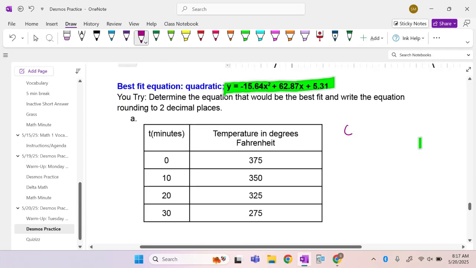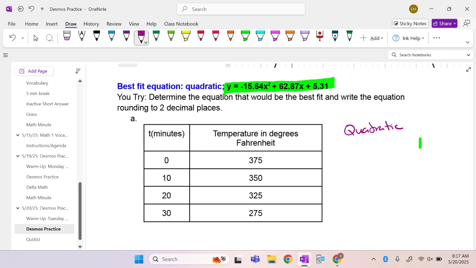So we're doing quadratic. That's the best fit. So we're replacing A, B, and C in ax squared plus bx plus c. All right, so if we're starting with y equals ax squared plus bx plus c, we're going to plug in for A, B, and C, given what they gave us on our screen. So what do they tell me A is, if you round to 2 decimal places?